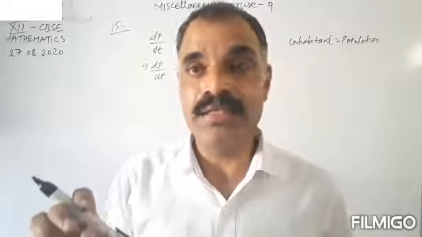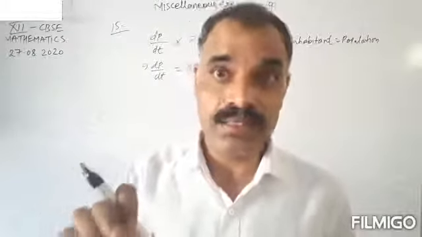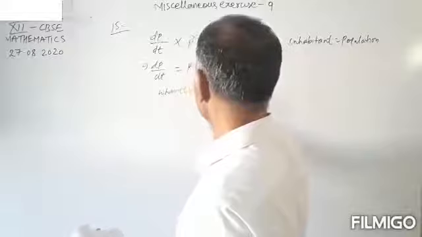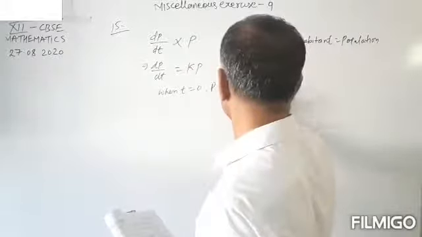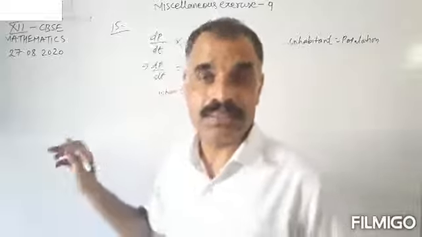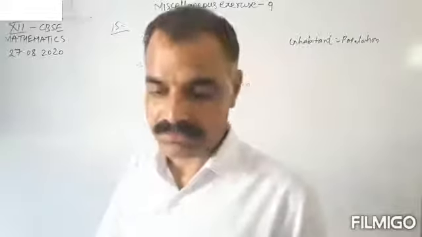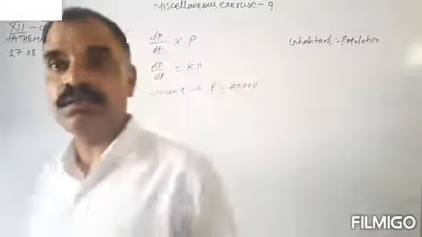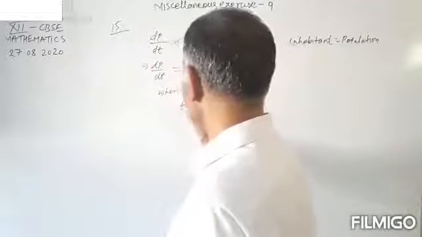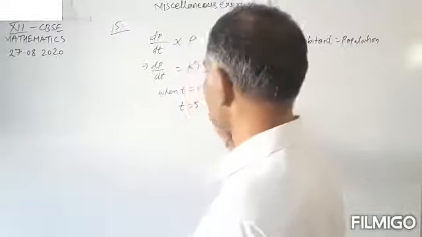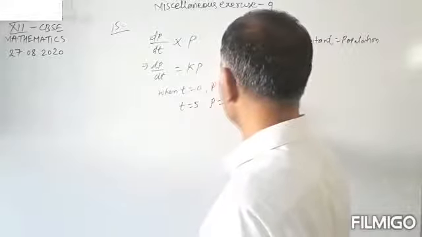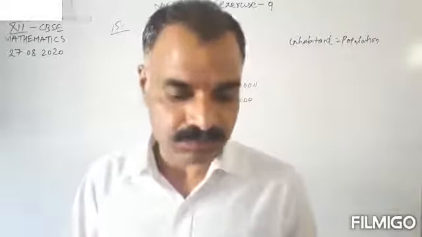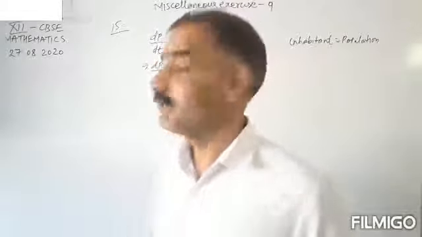Taking 1999 as the initial year, when t equals 0, p equals 20,000. Population becomes 25,000 in 2004, when 5 years have passed. What will be the population of the village in 2009?